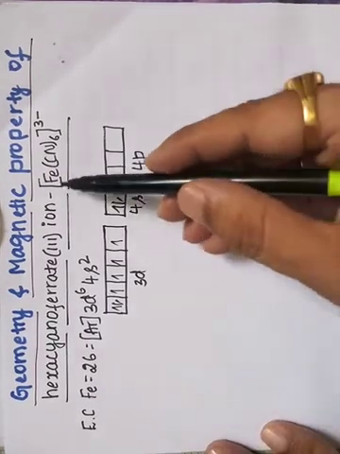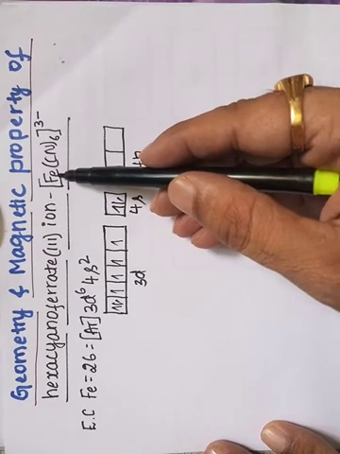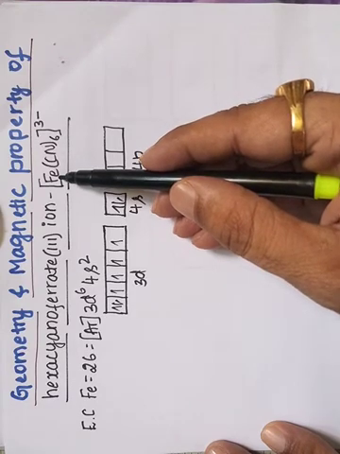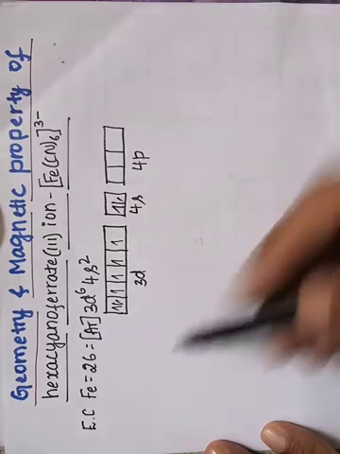In this complex ion, iron is in the +3 oxidation state.